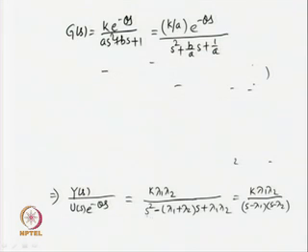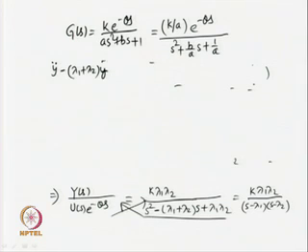If I cross multiply these terms, I will get y double dot minus lambda 1 plus lambda 2 times y dot plus lambda 1 lambda 2 y is equal to k lambda 1 lambda 2 u(t minus theta).